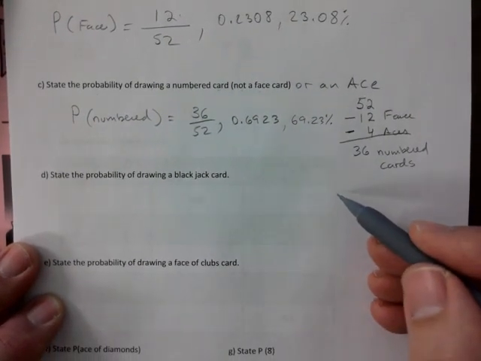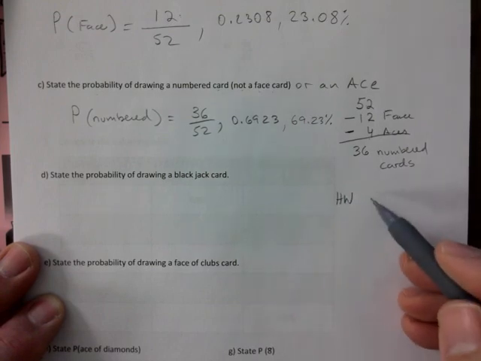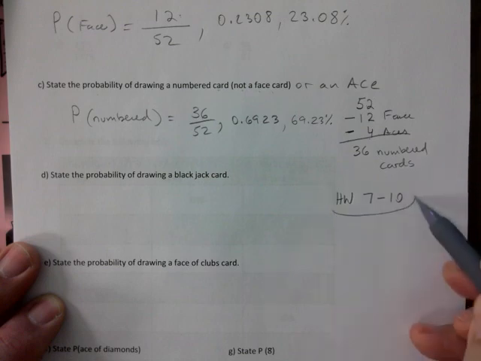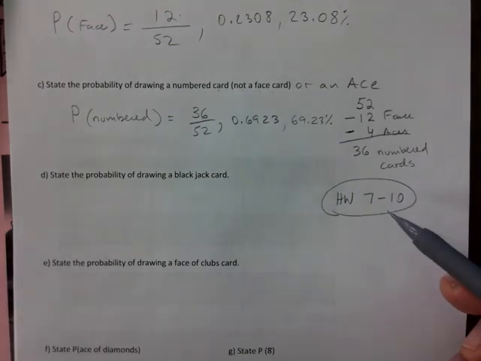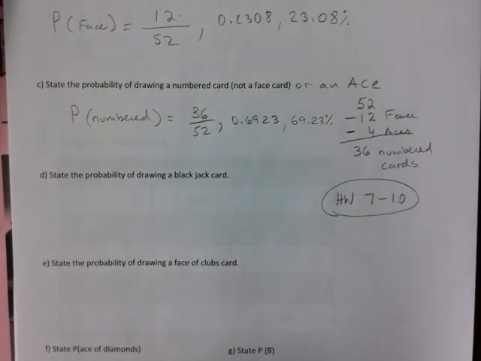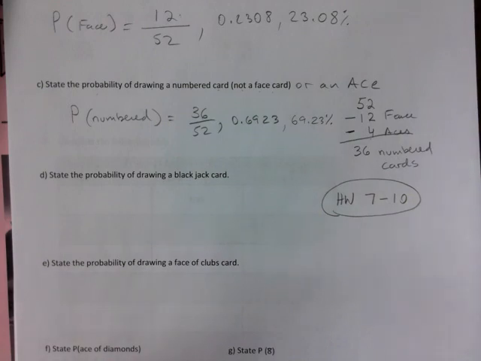Okay. Do this in class so you don't have to worry about it, but I'm going to tell you to do 7 to 10. So page 7 we just skipped. I want you to do it. All of that remains with 8. Page 9 is a blank page, so you don't even have to do it.